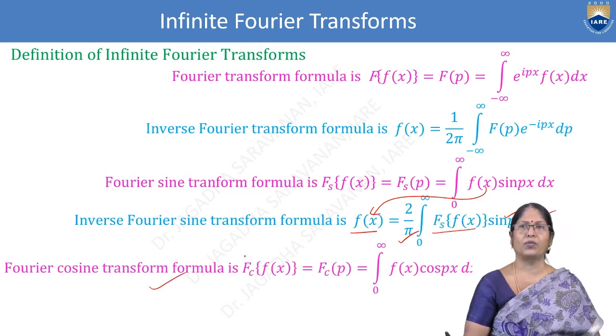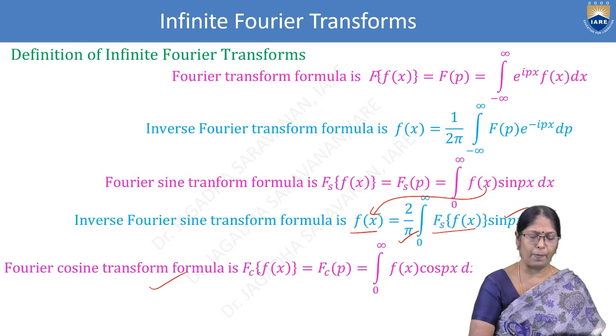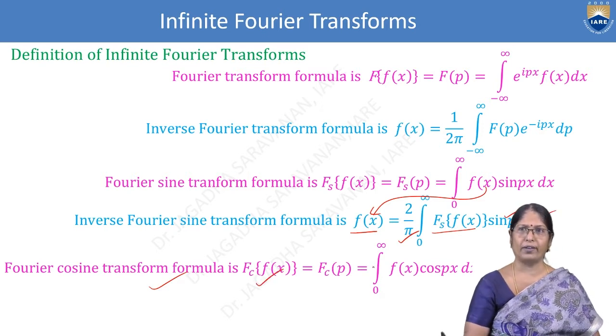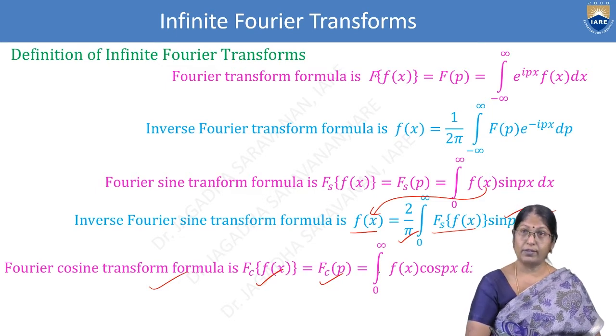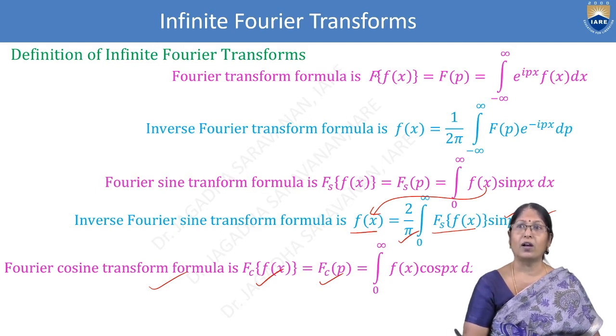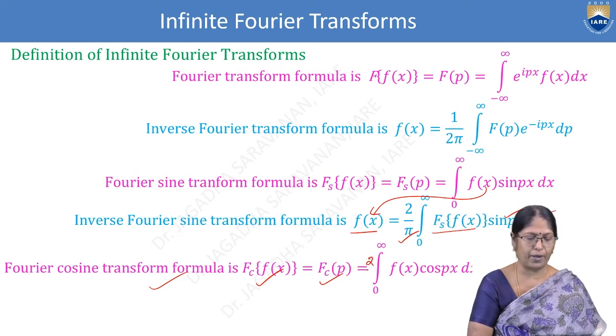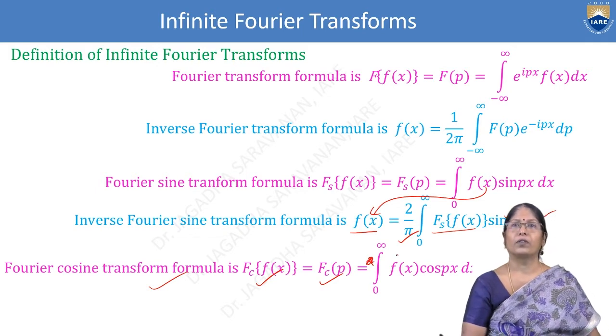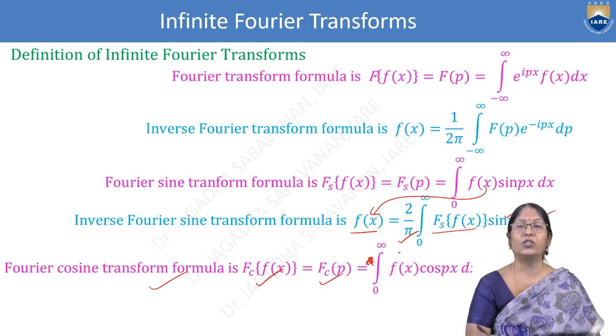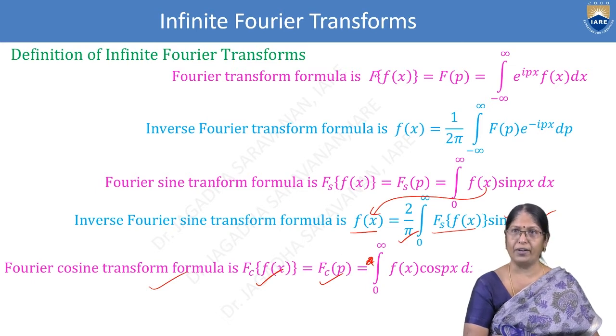Fourier cosine transform formula: capital Fc of f of x, that is capital Fc of p, is the integral from 0 to infinity of f of x cos px dx. For the inverse Fourier cosine, 2 by pi will be written before the integral.